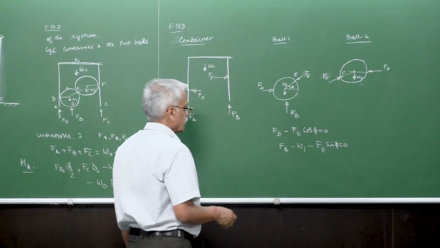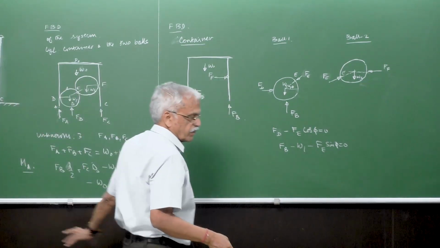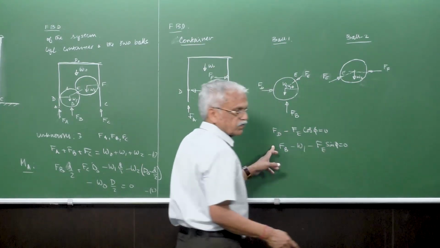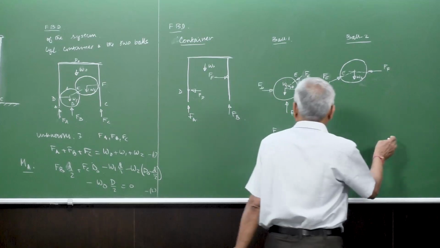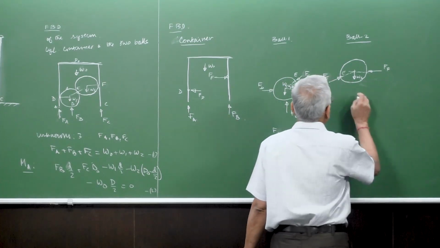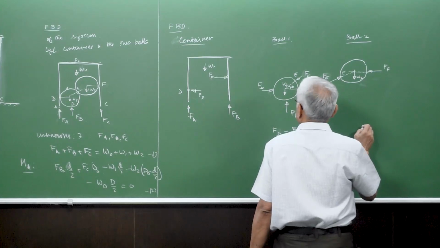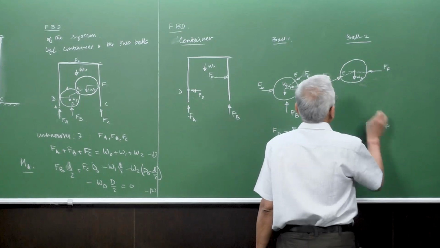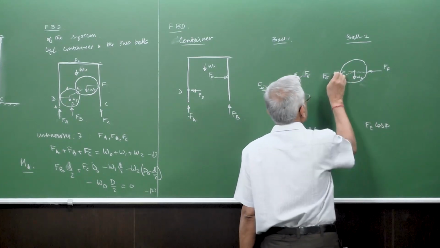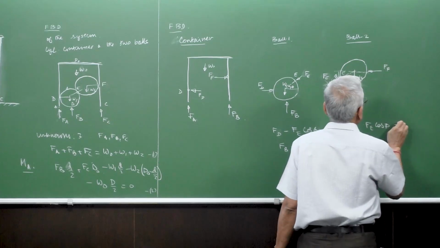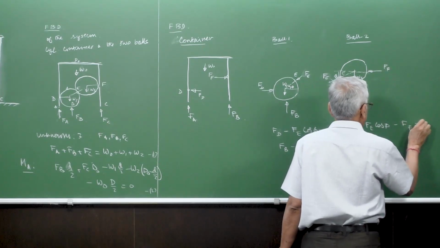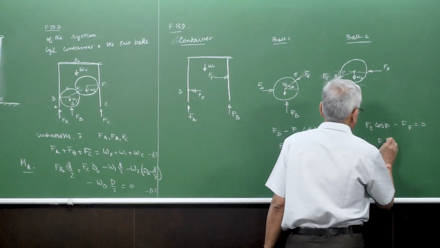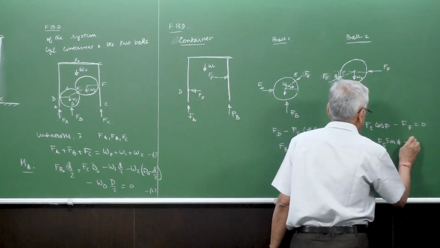What is phi? It comes from the geometry. We can find out just now. So I'm writing down simpler things. This is for ball 1, and for ball 2 we can write exactly the similar one. Horizontal: Fe cos phi minus Ff is 0, and vertical: Fe sin phi minus W2 is 0.